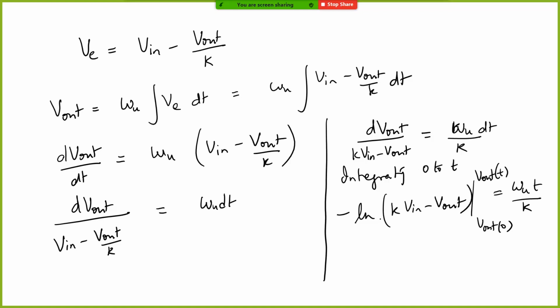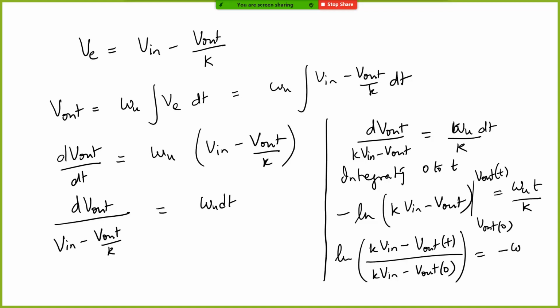So what happens? Let's transfer the negative sign the other way. So we will have natural logarithm of K times V in minus V out of t, divided by K times V in minus V out of 0, is equal to minus omega u t by K, all right.